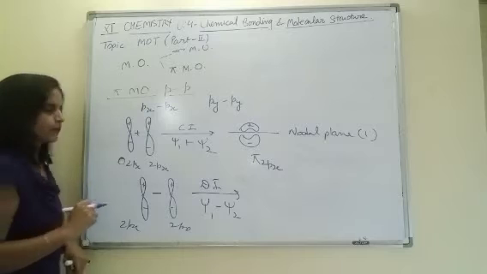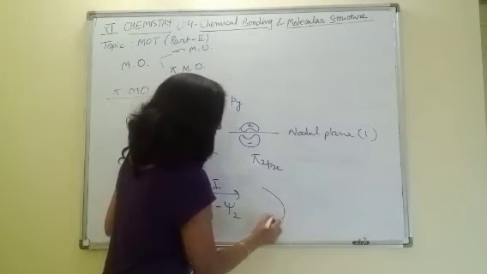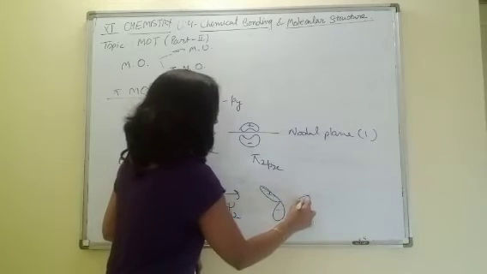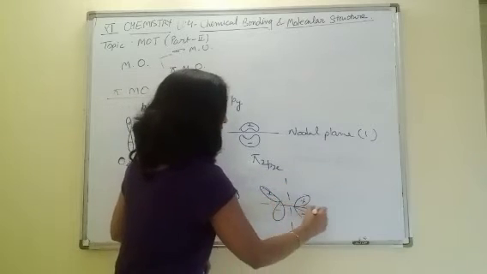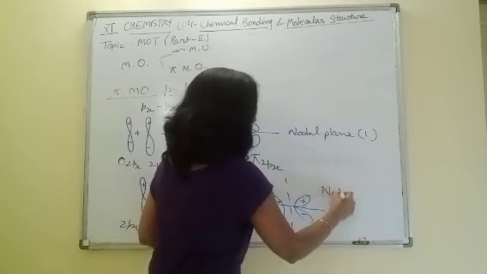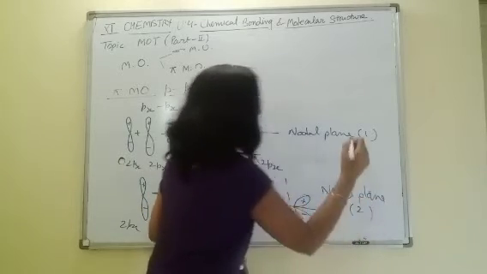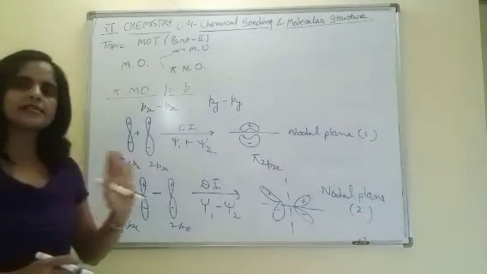Absolutely clear to you. And the representation of the molecular orbitals is something like this. These are the two nodal planes, a zero probability region.